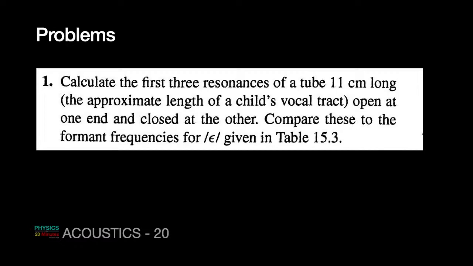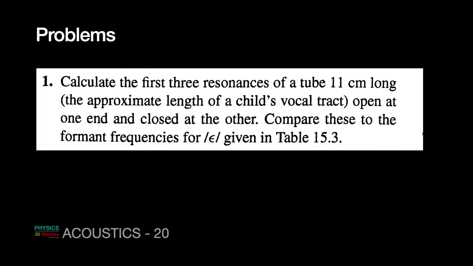Great. Second question. Calculate the first three resonances of a tube 11 centimeters long, the approximate length of a child's vocal tract, open at one end, closed at the other. That's very straightforward. We have seen it's a tube closed at one end, so you can write f = (2n-1)v/4L, and then the calculations are straightforward.